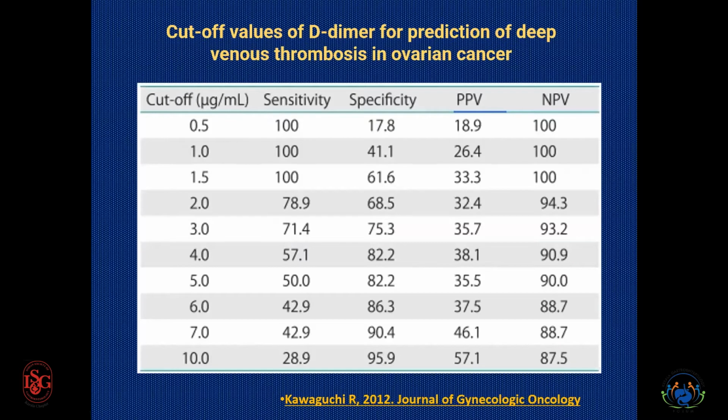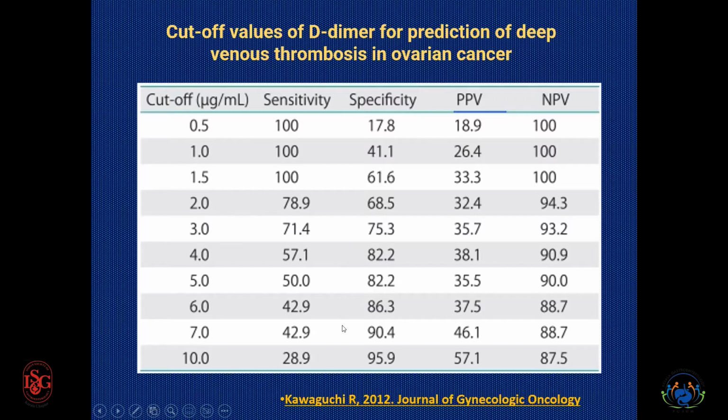Now, consider cutoff values of D-dimer for prediction of deep venous thrombosis in ovarian cancer. As the cutoff of D-dimer increases from 0.5 up to 1.5, the sensitivity is 100. But once you increase the cutoff further, the sensitivity comes down, but the specificity increases.